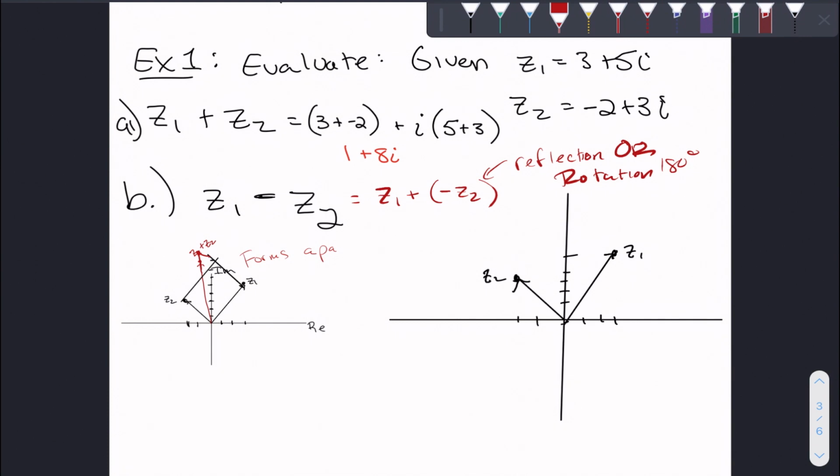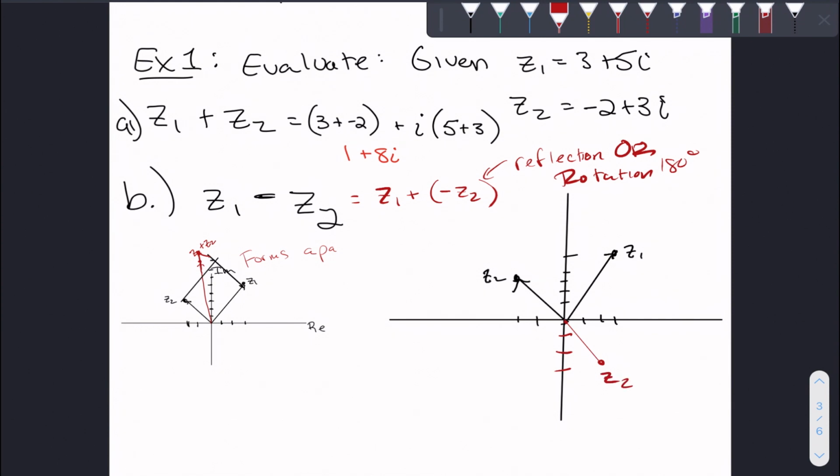Instead of going up and to the left, like we have up here, we went left and then up. What I want to do is the opposite of both of those, which means I would go right 2, down 3. And so if I negate this z2, I'm now in the fourth quadrant.